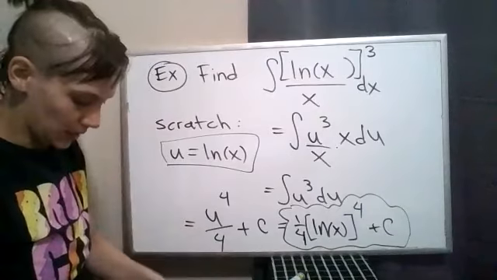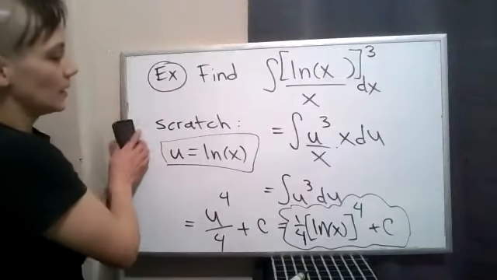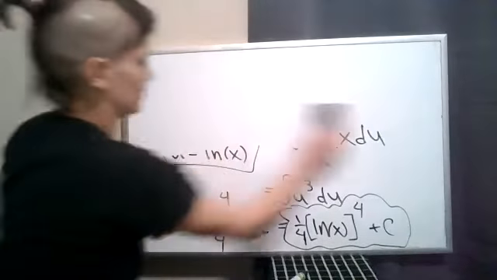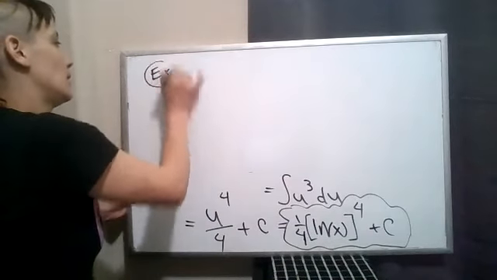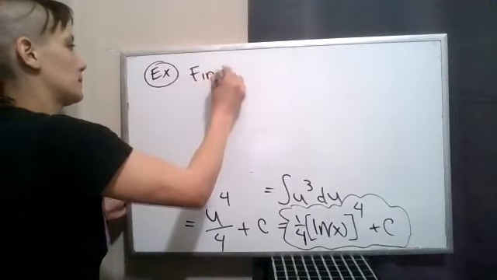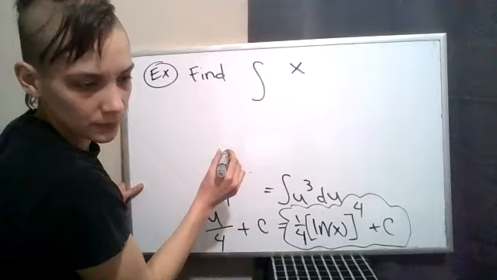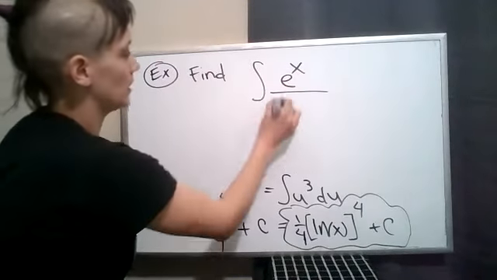Okay, this one is x over 1 plus e to the x. E to the x over 1 plus e to the x.